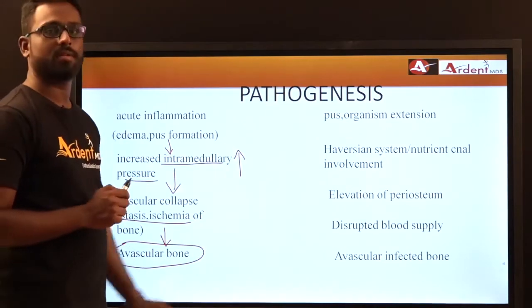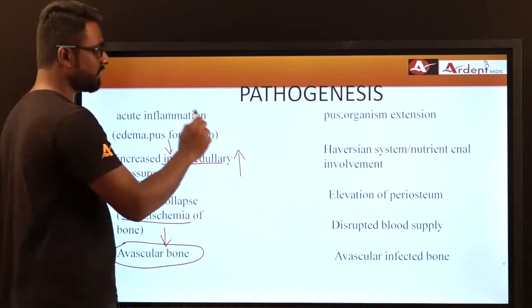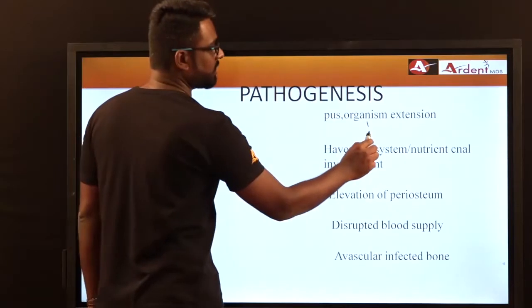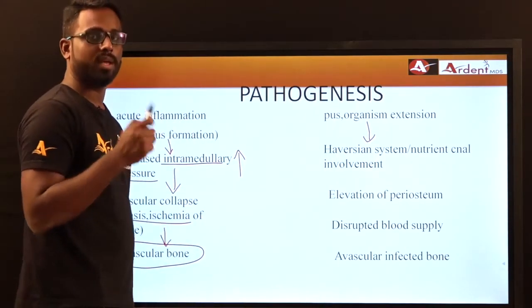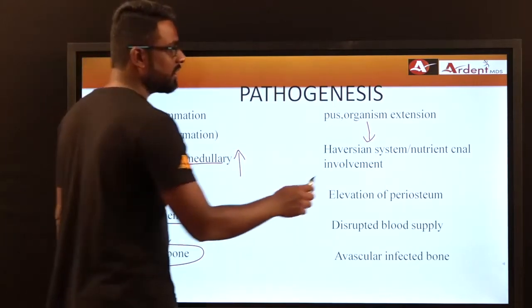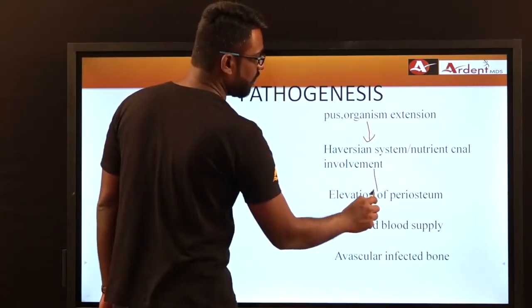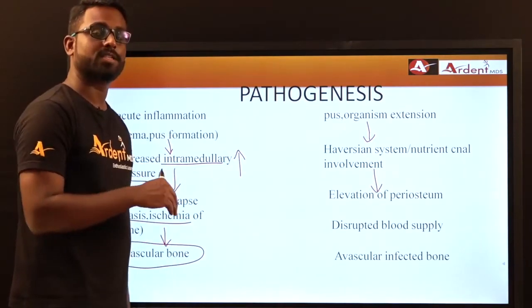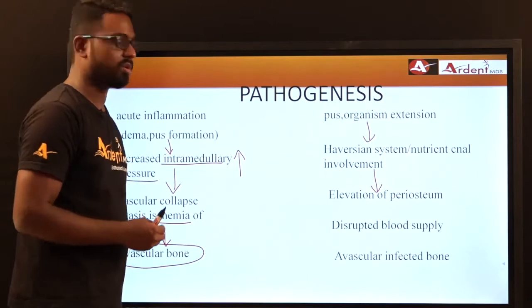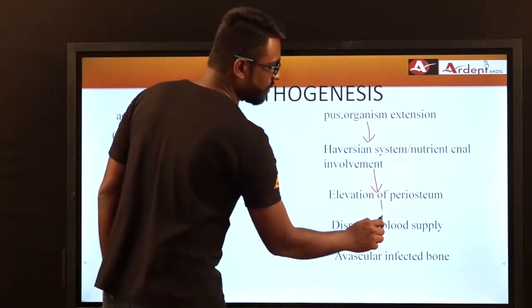So what happens in case of infection? Actually, the same thing as we saw earlier. The organism affects the two important components of bone. What are they? The Haversian system and the Volkmann canals. The Haversian system gets involved. We all know it starts in the bone marrow and extends to involve the periosteum and the adjacent cortex also. Next, it causes elevation of the periosteum.